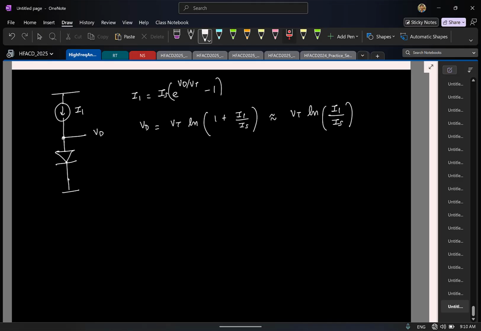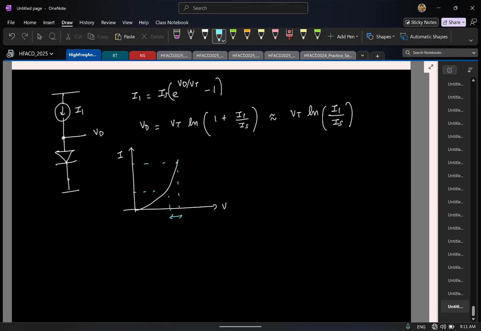And the characteristic is this. I'll draw it here maybe. Okay. So as we clearly see, even if I go and change the current by a large factor, the corresponding voltage is changing not by so much.